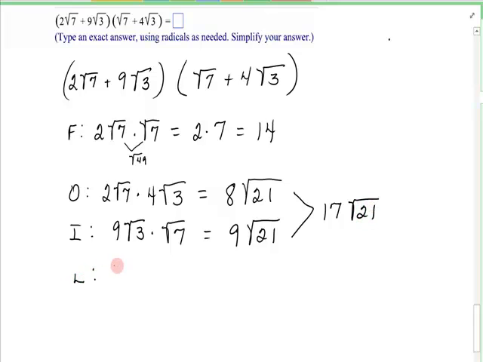The last, I have 9 times the square root of 3 times 4 times the square root of 3. Multiply 9 times 4 for 36. The square root of 3 times the square root of 3, we know it's the square root of 9, but that's 3. So now multiply that for 108.